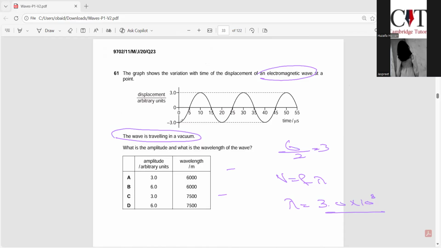So it would be 1 over 20 times 10 to the power minus 6, because of the microseconds. Now calculate it and tell me what wavelength is coming.